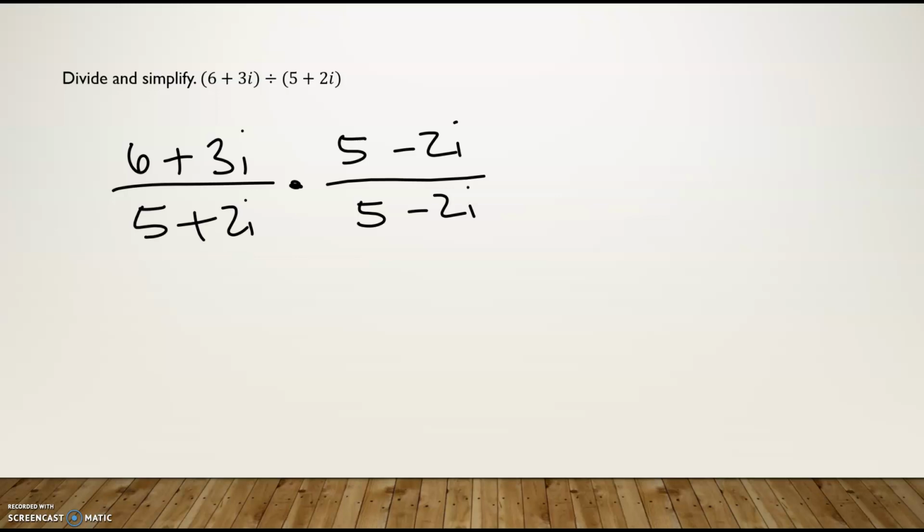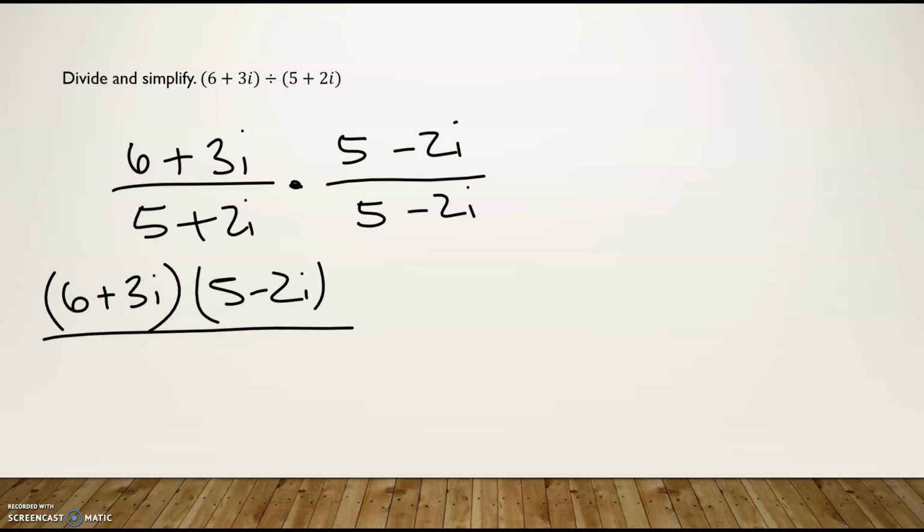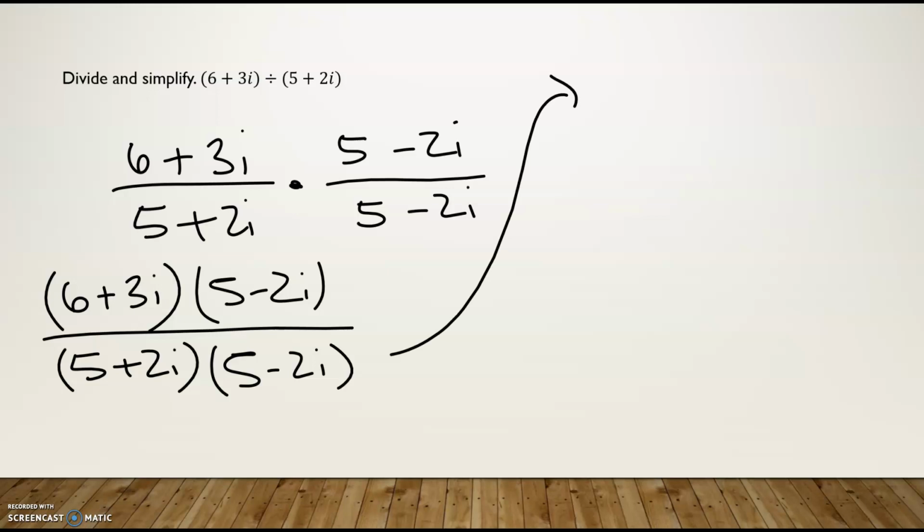Okay, so I have 6 plus 3i times 5 minus 2i over 5 plus 2i times 5 minus 2i. I'm just distributing. 6 times 5 is 30. 6 times negative 2i is negative 12i. 3i times 5 is plus 15i. 3i times negative 2i is negative 6i squared.